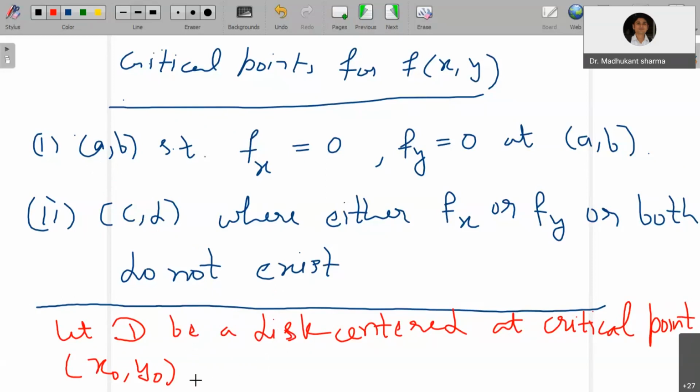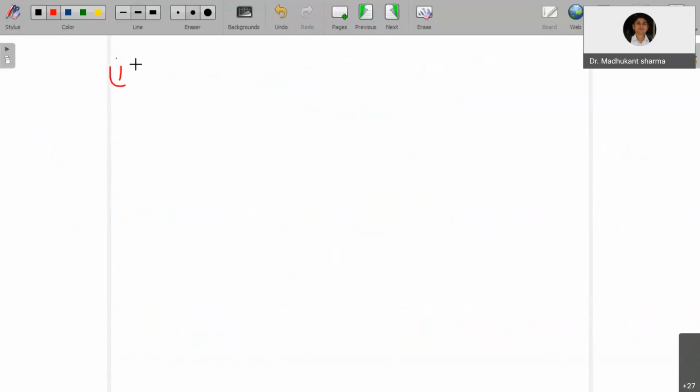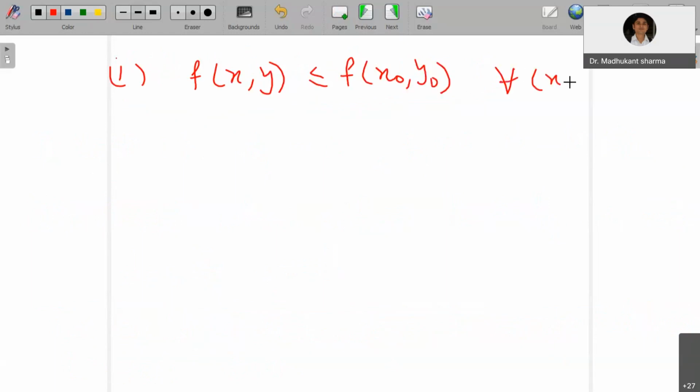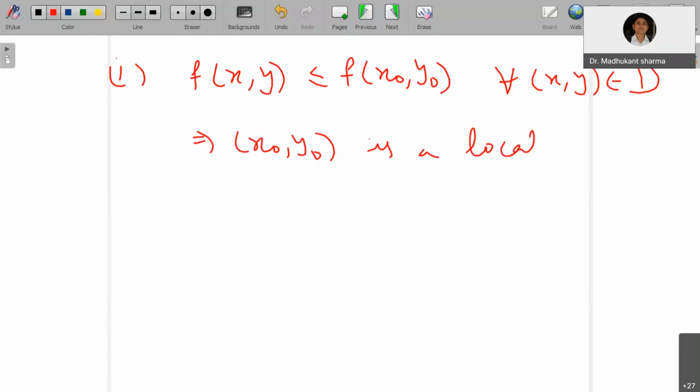On this disk, if f of x comma y is less than or equal to f of x0 comma y0 for all x comma y in that disk, then x0 comma y0 is a local maximum, because it lies above all the values.